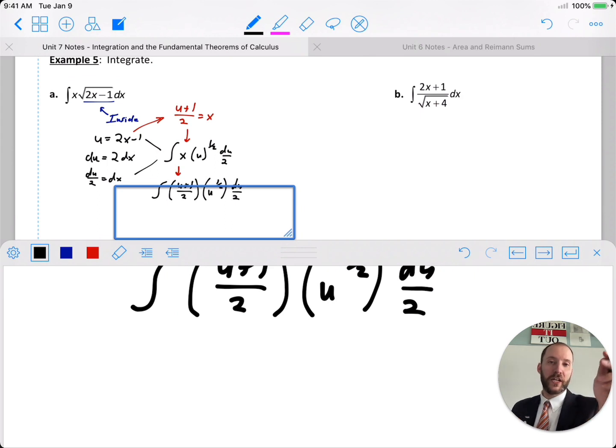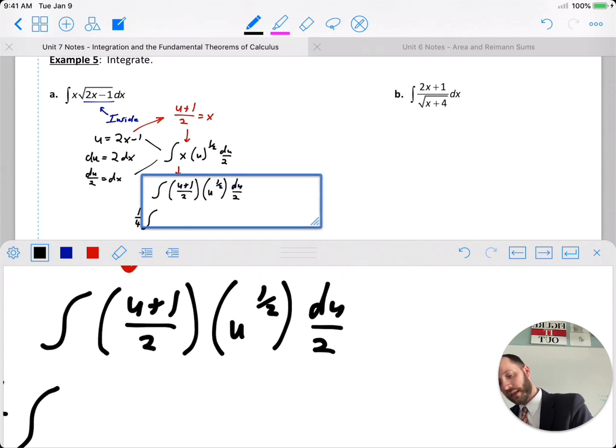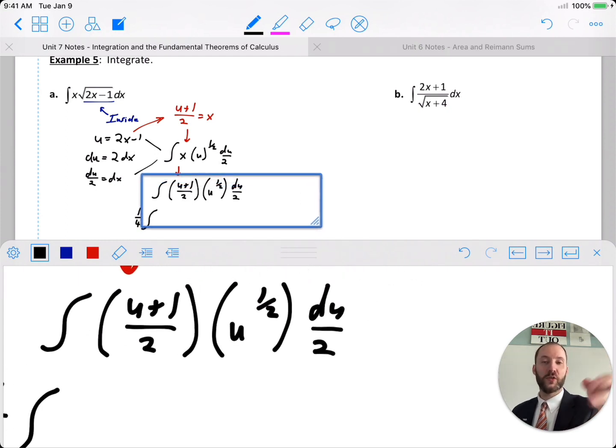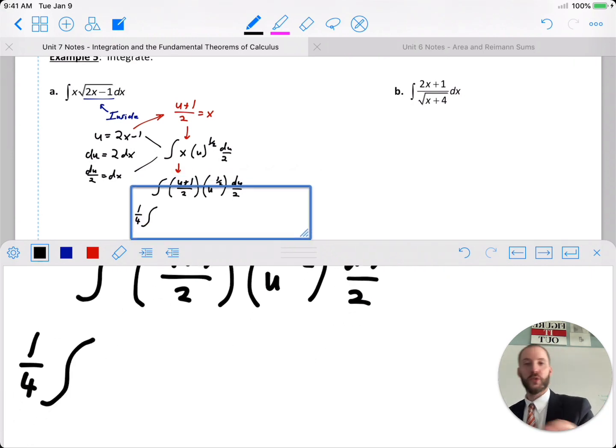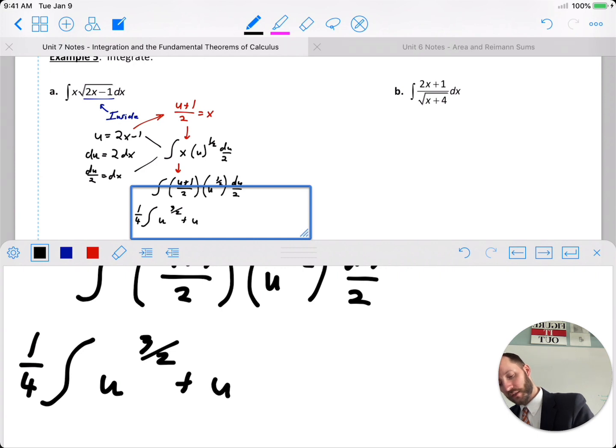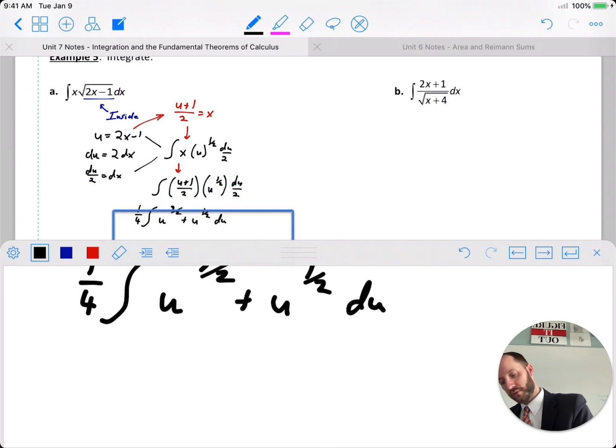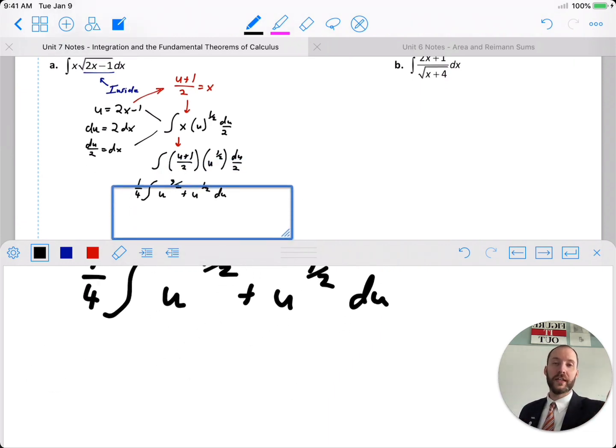Both denominator 2's can pull out to be a 1/4. And then distribute the u to the 1/2 power into the u plus 1. So u to the 1/2 times u to the 1, u to the 3/2, u to the 1/2 times 1, u to the 1/2, du, and then do your integration, your reverse power rule.